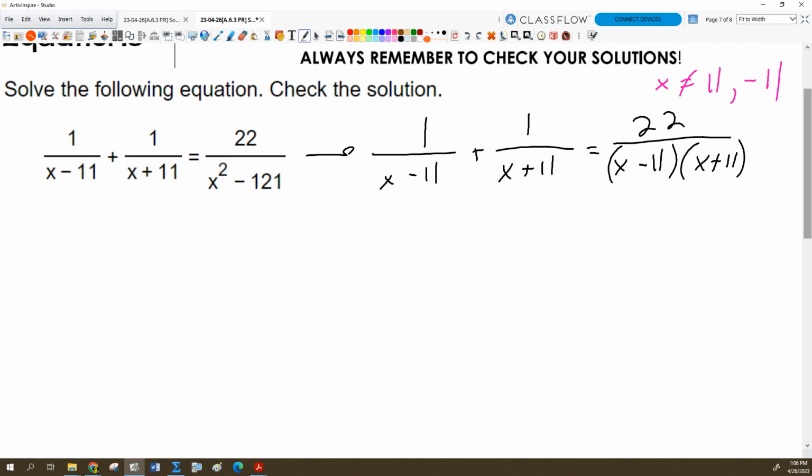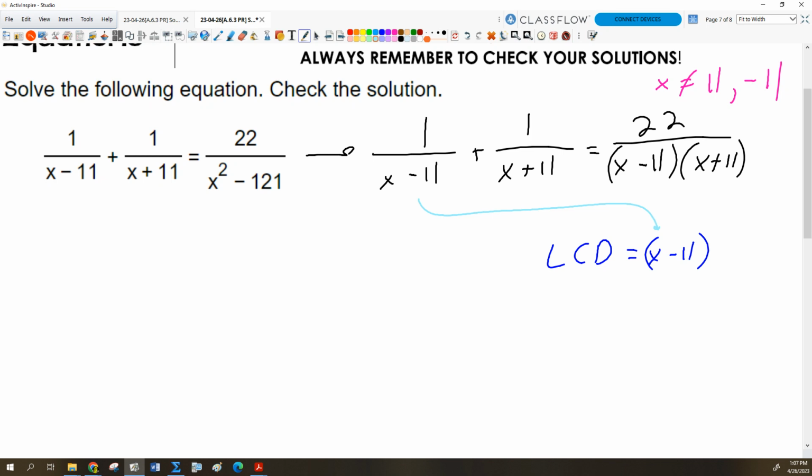Now, what's our LCD going to be this time? Oh, and what's the first factor I need to include? X minus 11, yeah. There you go. So x minus 11 gets included from there.